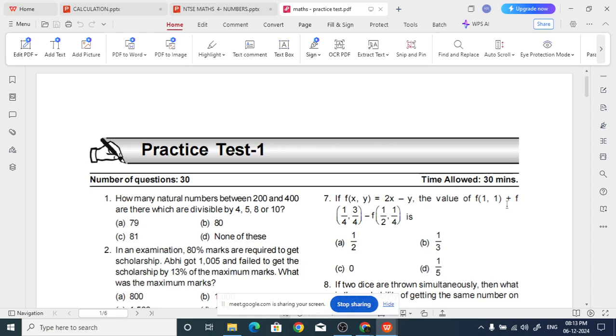Yes? The 9 numbers, sir. 9? Check. Is it 9 or 19? The numbers between 200 and 400 which are divisible by 10 is 19.